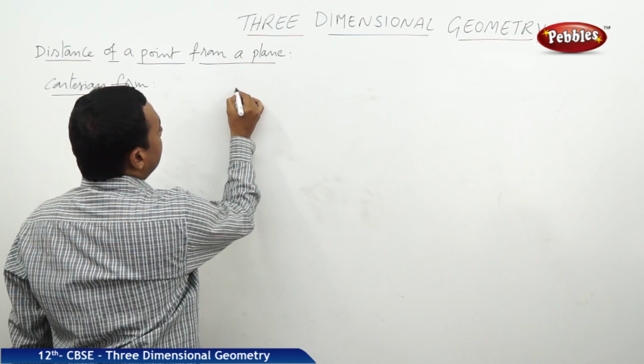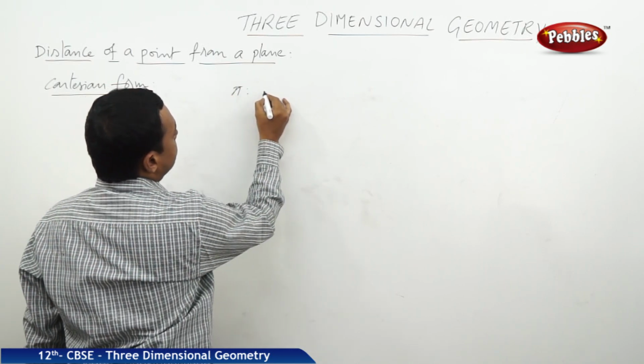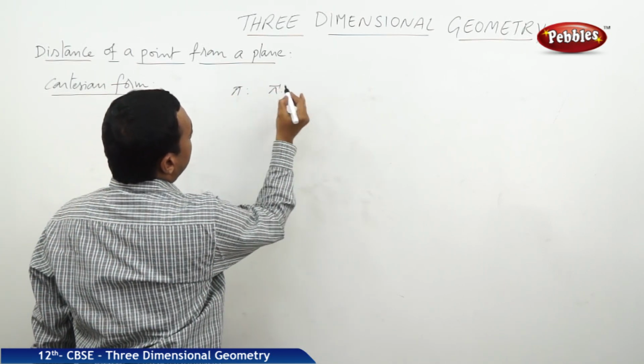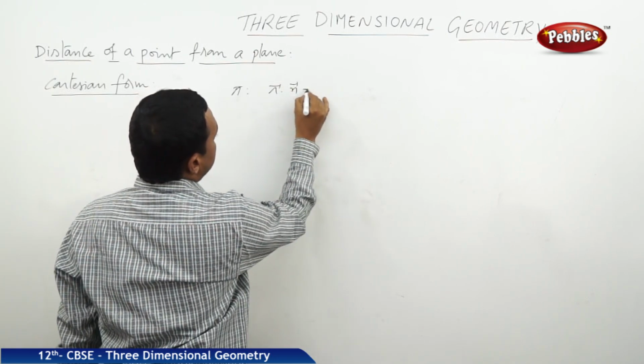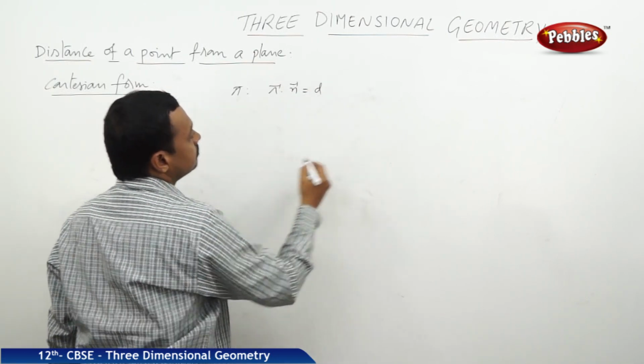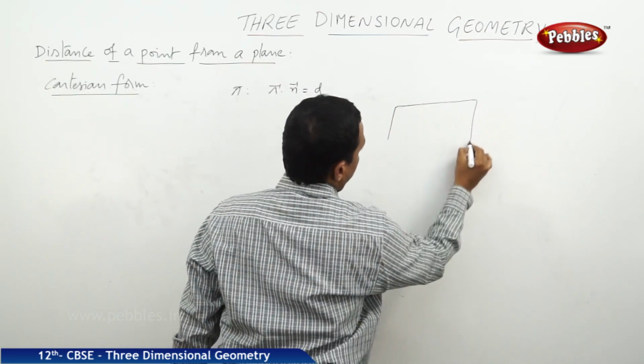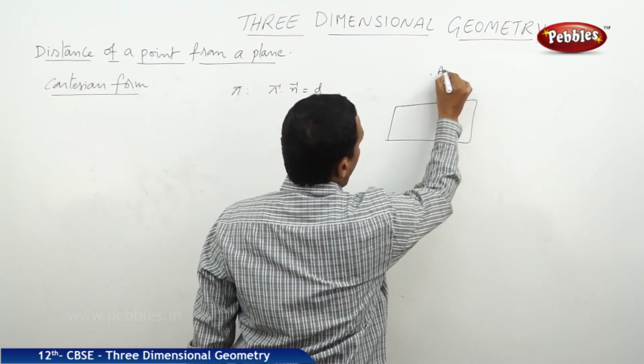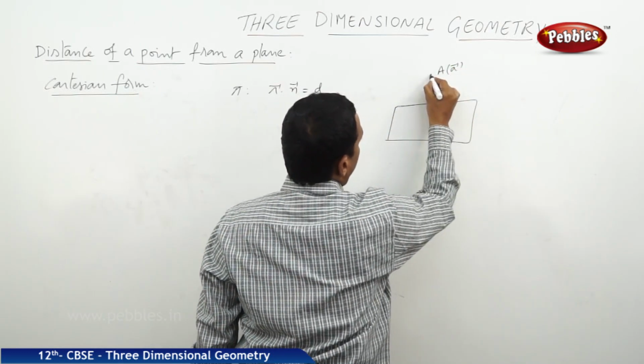So, let the plane pi be r bar dot n bar is equal to D. Now, this is the plane and A is a point with the position vector A bar.